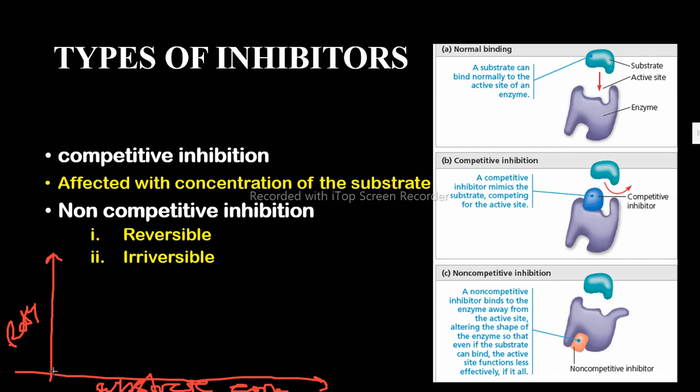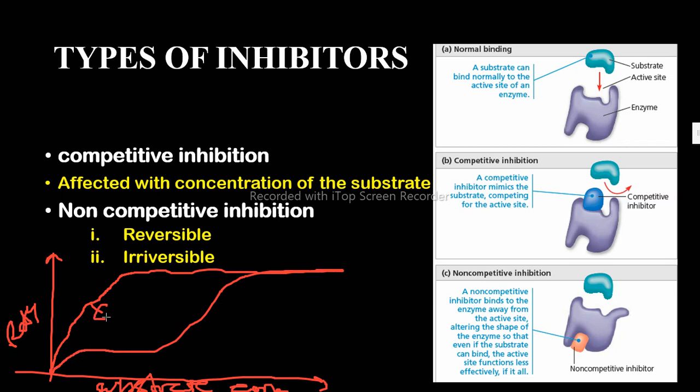The rate of reaction obviously increases, but it increases gradually, or the rate is low because you have an inhibitor. But as the substrate concentration increases, the rate is going to increase and you attain maximum. So this will be the curve for substrate concentration in absence of an inhibitor, and this will be a curve in presence of an inhibitor.